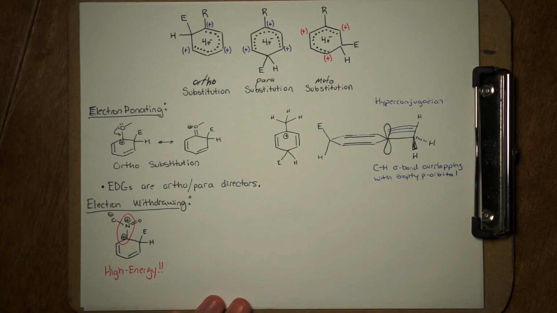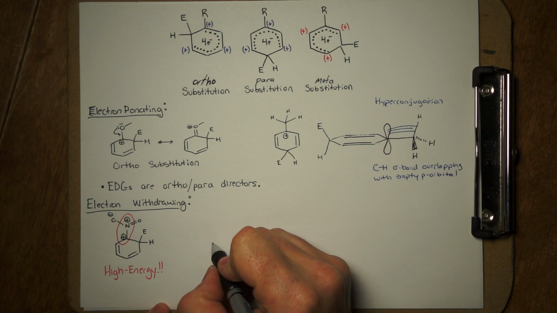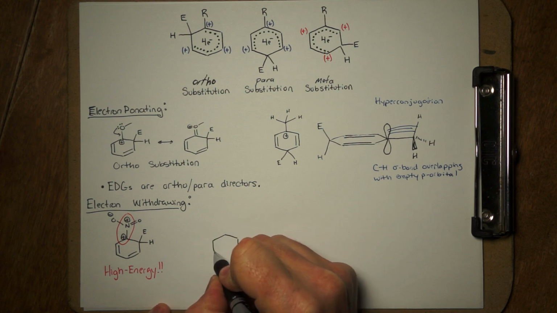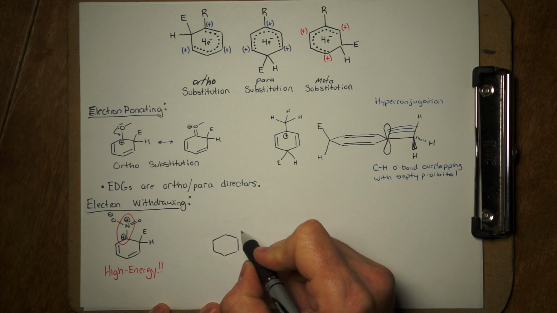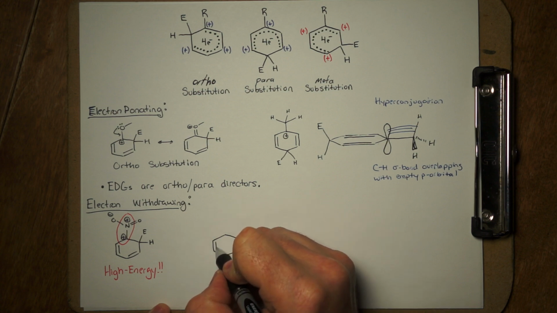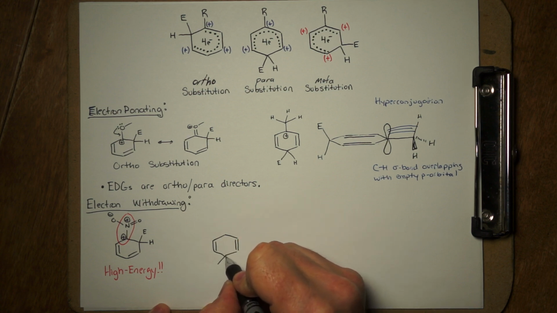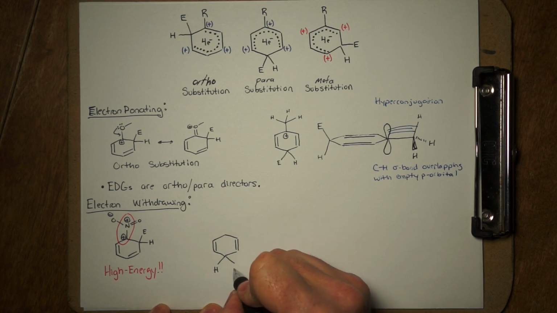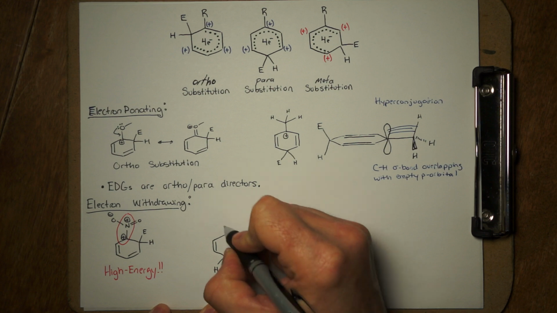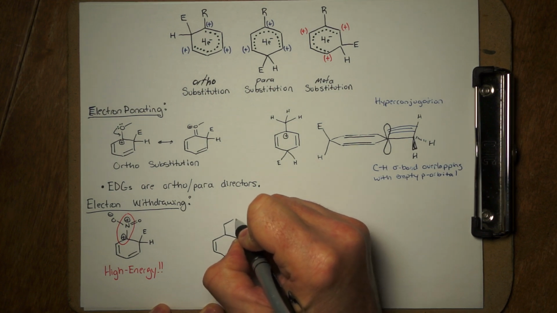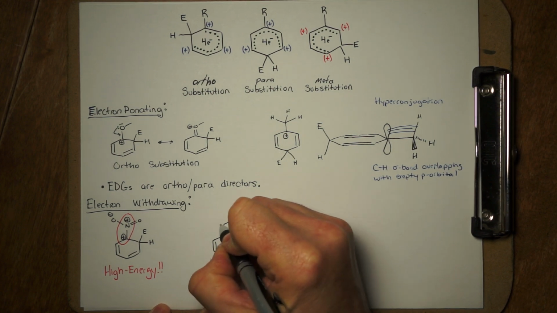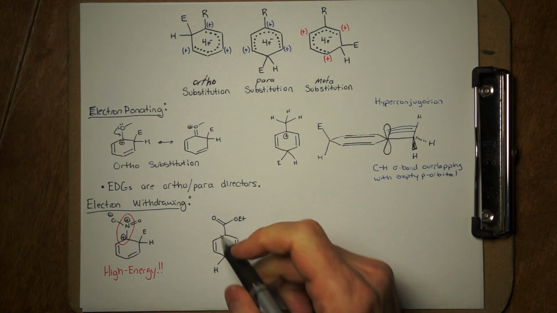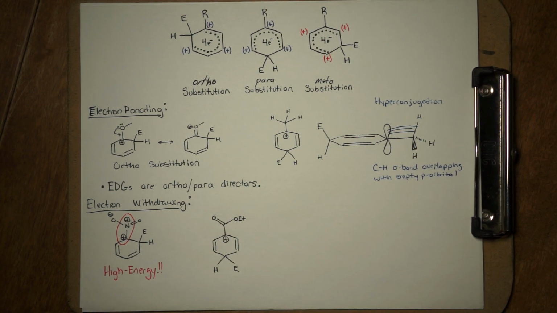Okay? If we look at para substitution, what the consequences of para substitution are for an electron poor arene. Right? And in this case, we'll look at a different electron withdrawing group, a carbonyl. Okay? So here's our arene, right?